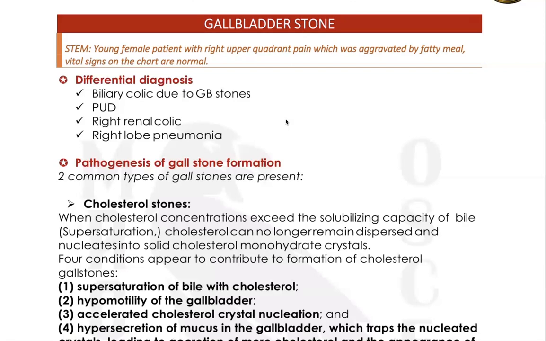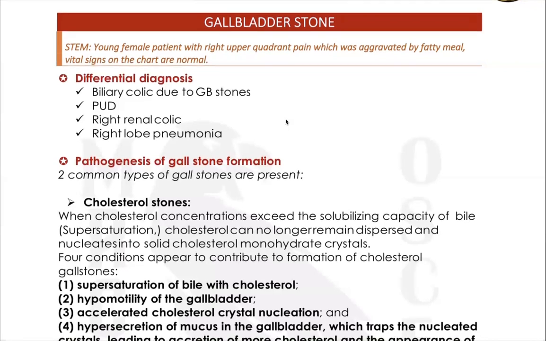All right. So the thing is, you have to think about the stem here. Young female patient, right upper quadrant pain, and it is aggravated by fatty meal. So it goes in which aspect? Of course, in the gallstones, right? So the patient is having some kind of biliary colic. Maybe there is a gallstone. What else can we think about? Maybe the patient has peptic ulcer disease and it aggravated.